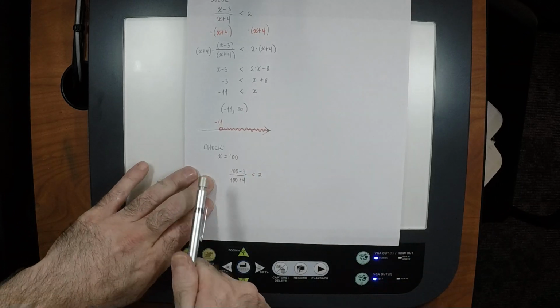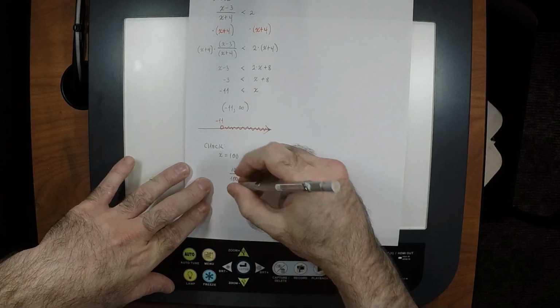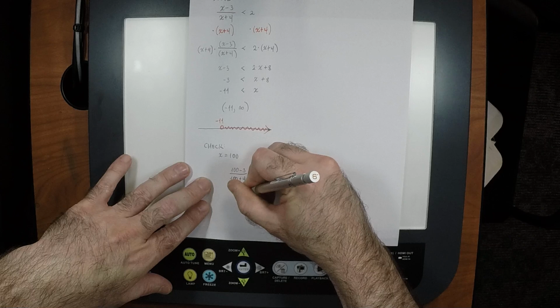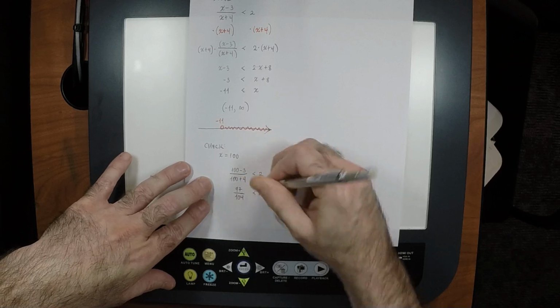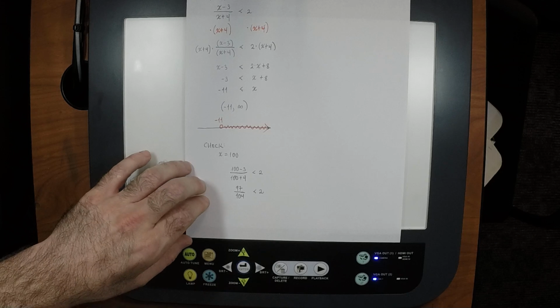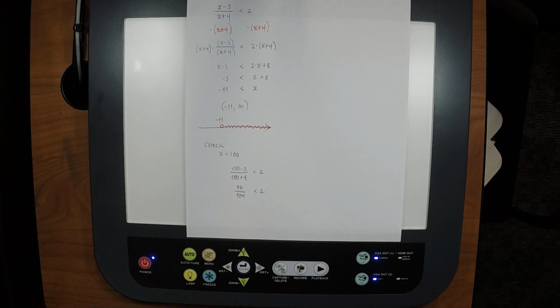Well, let's think about this for a moment. That's 97, right? And that's 104. So is that less than 2? It is, right? Because in fact, that's less than 1. So that's good.